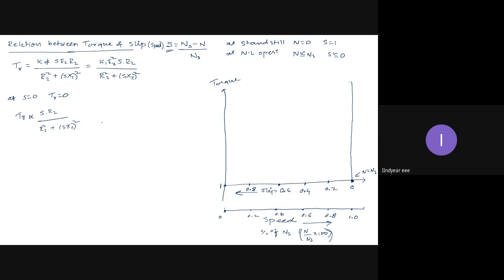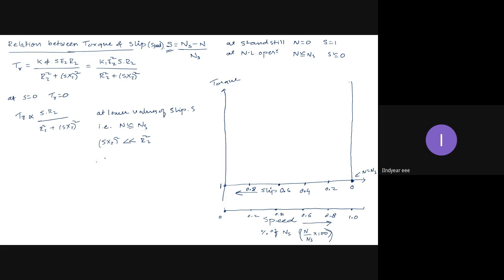Now here, at lower values of slip, that is N nearly equal to Ns, my S into X2 whole square is much less than R2 square.